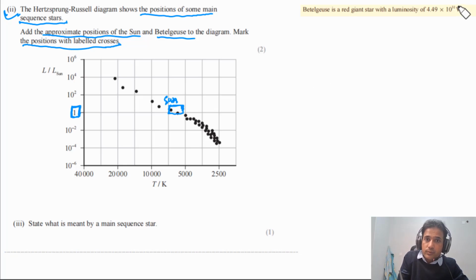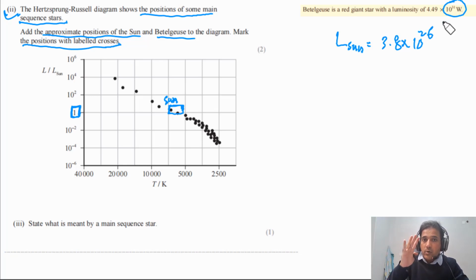And for Betelgeuse, the luminosity of the Sun is about 3.8 times 10 to the 26. So Betelgeuse is about 10 to the 5 times greater than the luminosity of the Sun. And the surface temperature of Betelgeuse we have found was about 3400 Kelvin.